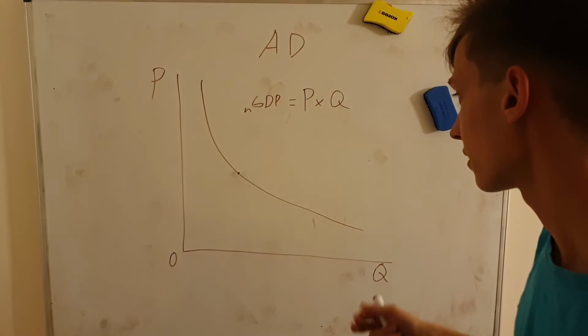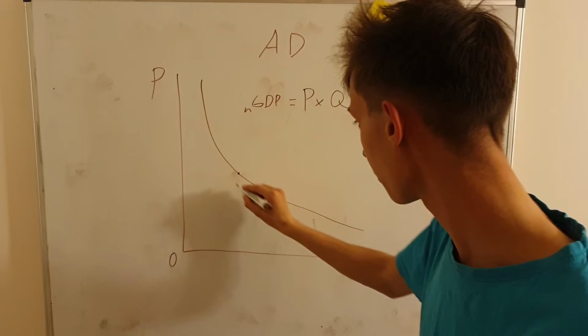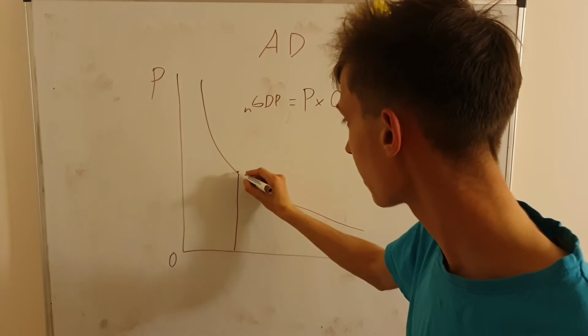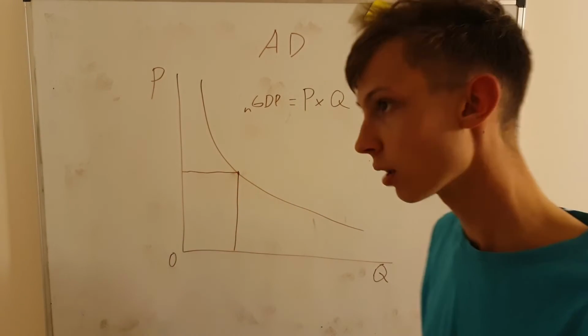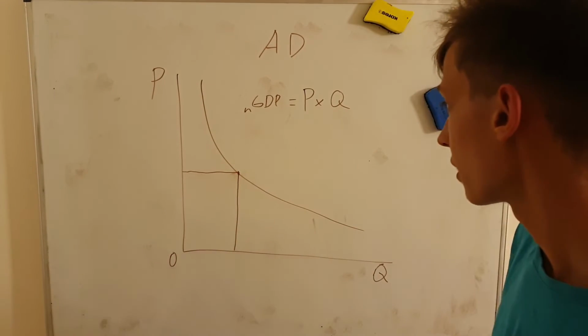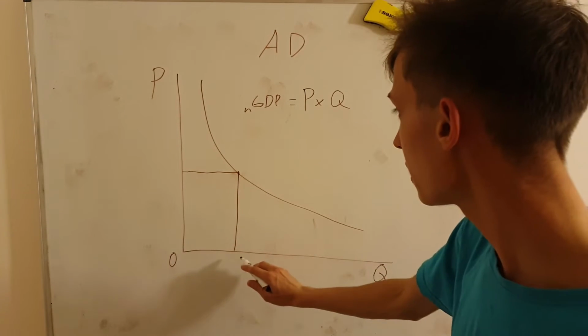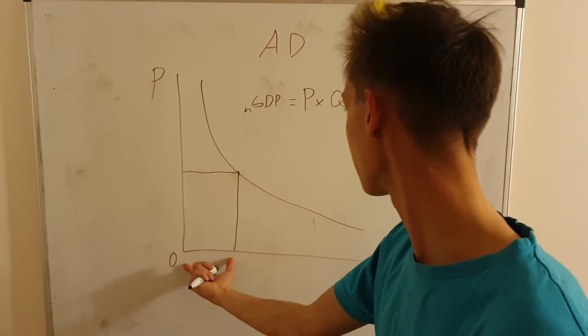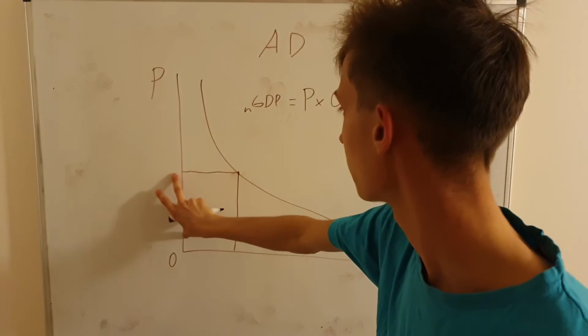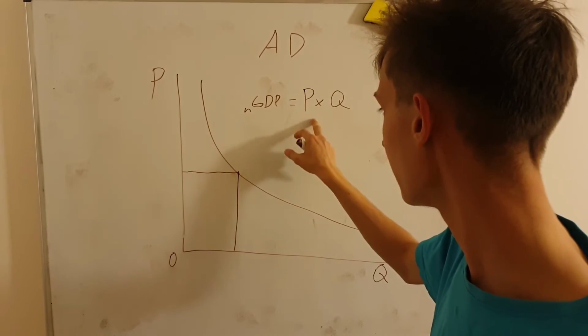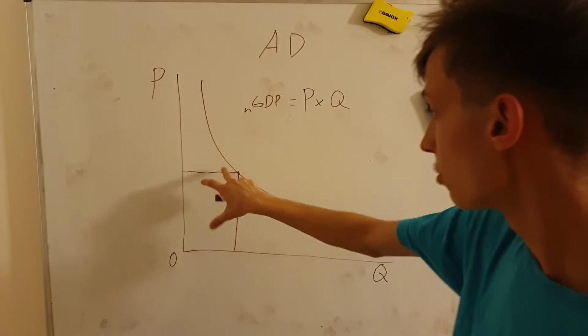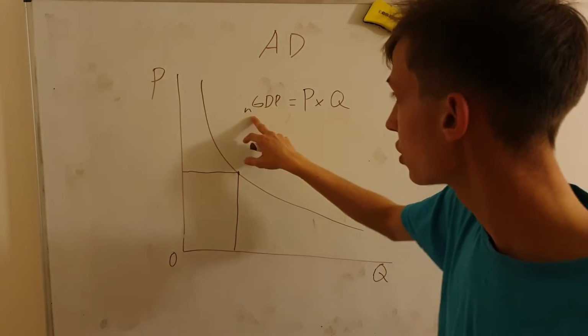Now, that means that if we take some point on this curve and we draw this rectangle, sometimes it's going to be a square as well, then the area of it will be basically this value, that's the Q, and this value that the point has, the P. Therefore, the area numerically will be equal to the nominal GDP.